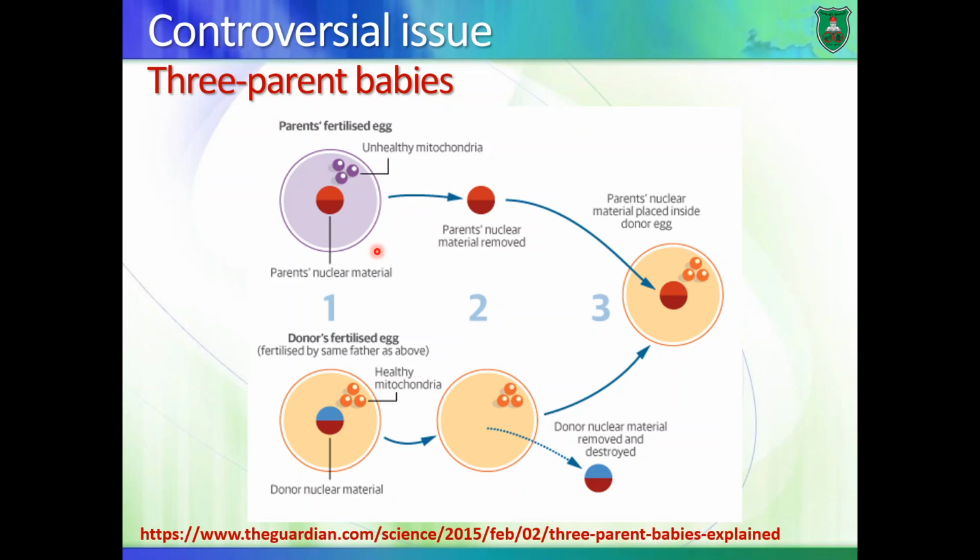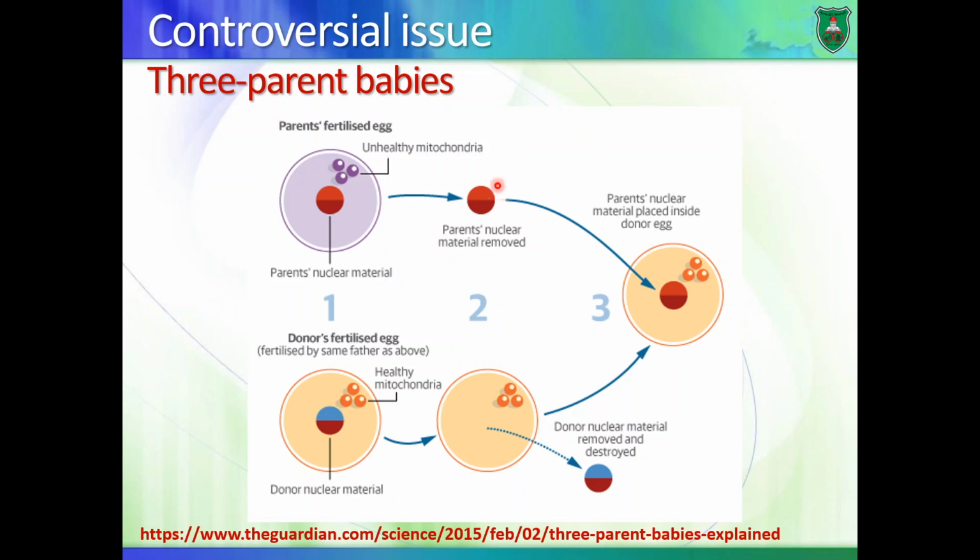So they said, we can solve this by doing the following. We will get the egg, the ovum, from the mother that has the mitochondrial DNA mutation, and remove the nucleus. Now, we will take an egg from a donor female and remove the nucleus as well.